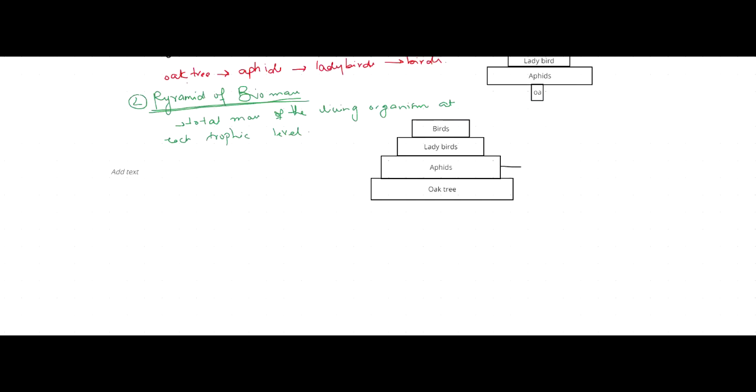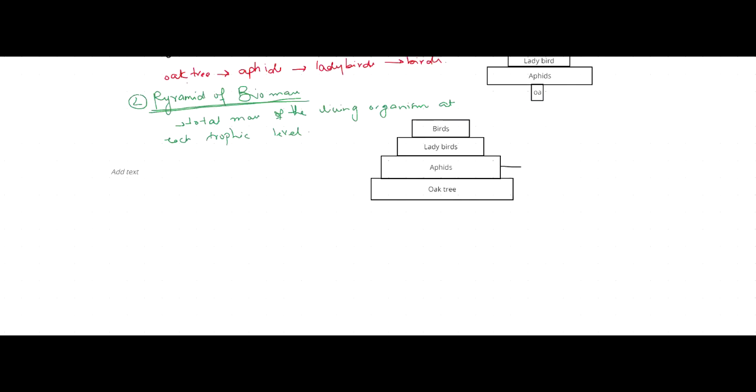There is not enough energy at the fourth consumer, at the quaternary consumer trophic level. There is just not enough energy available to sustain a whole different consumer, a whole different trophic level. That's why generally in the ecosystem, we only have up to quaternary consumer or total 5 trophic levels.